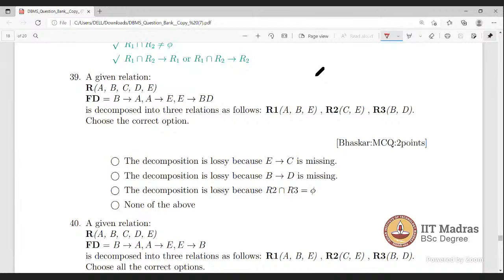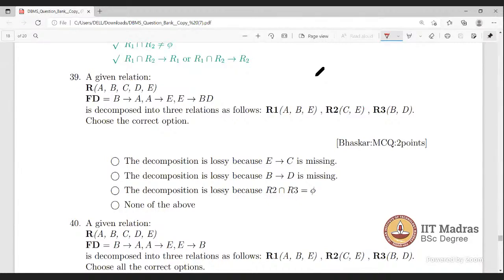It is not that each possible combination should have an intersection. You can join them in any order as long as you get the final table. R2 and R3 do not have any common attribute, that is okay.